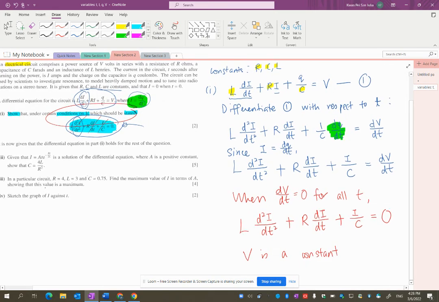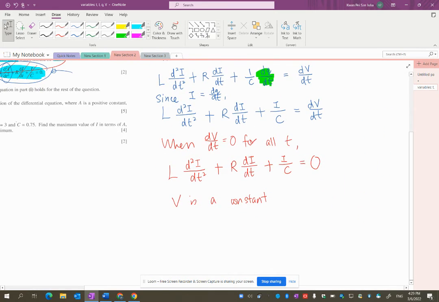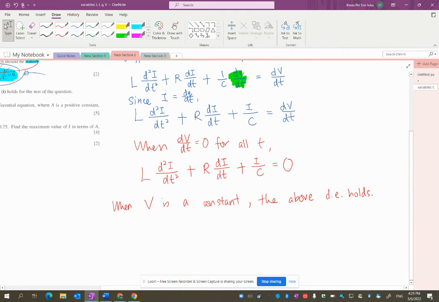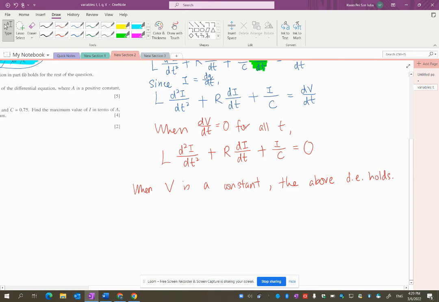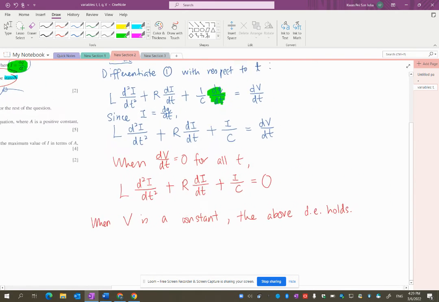So under this condition, we have this dE that holds. Okay, so we have shown that the dE equation holds when v is a constant. Okay, let's try to further understand.